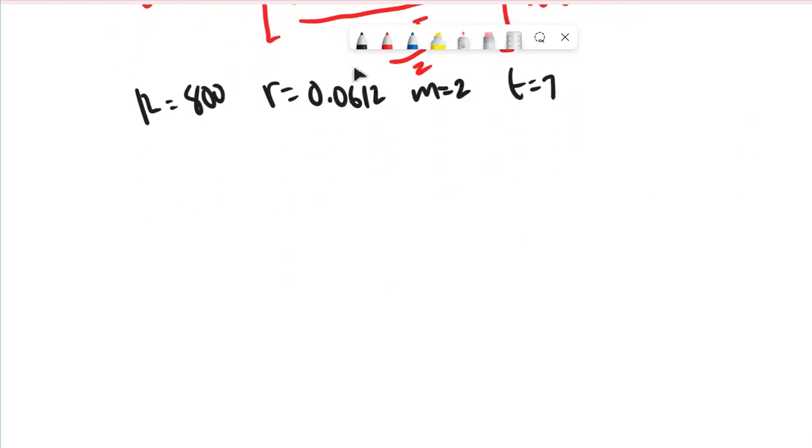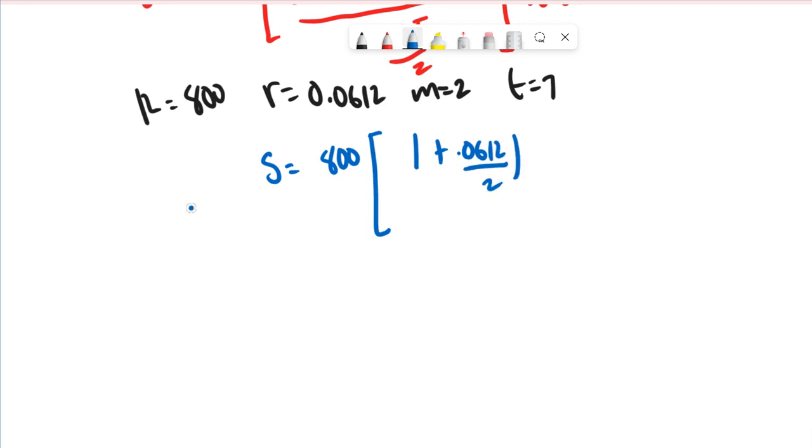So S is equal to 800 multiplied by 1 plus 0.0612 divided by 2, raised to the 14, minus 1, divided by 0.0612 divided by 2.